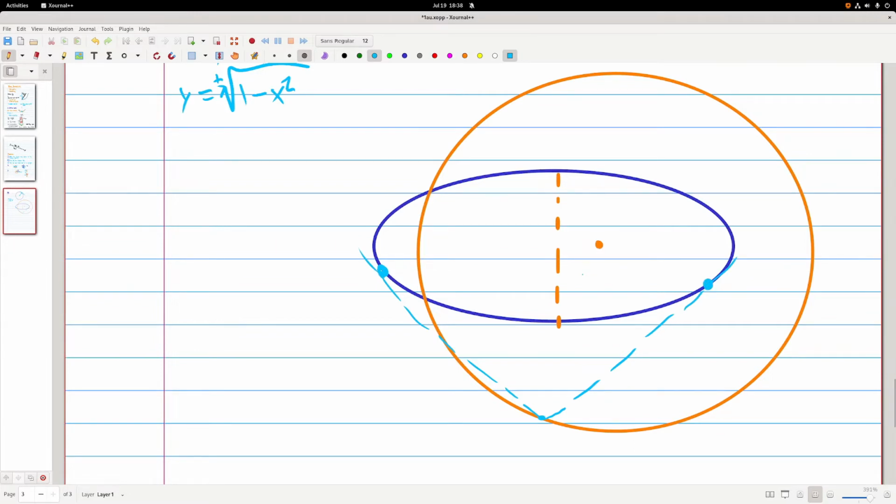So your concern in this case is completely valid, in that, now let's do these in a slightly different color, this line and this line.